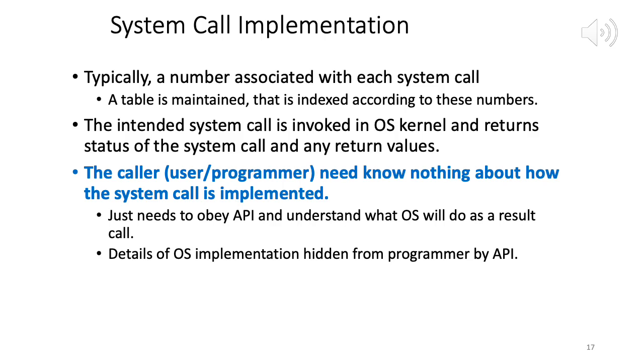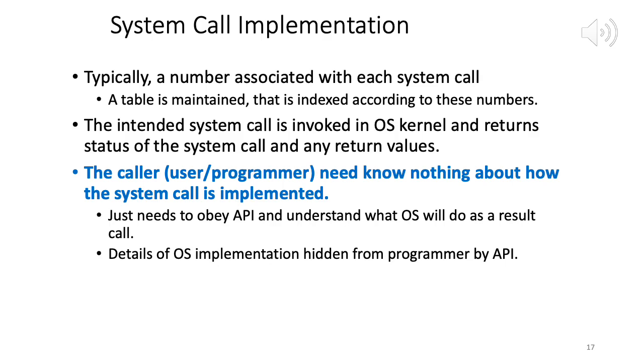Once the system call executes, the return status, as well as any return values, are conveyed back to the application that made the system call. So in case of read, the number of bytes read.